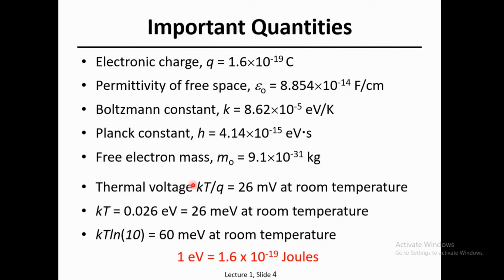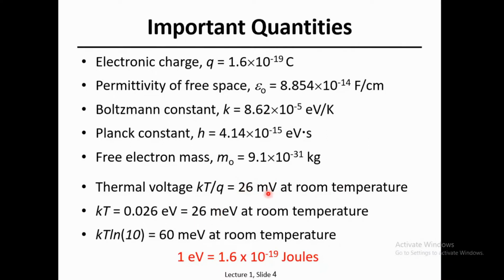As well, at room temperature, as you recall, we used this parameter. We said that it's between 25 and 26 millivolt. So kT over q, and if you recall, we used this value when we compared the diode current with respect to the voltage given at room temperature in application.